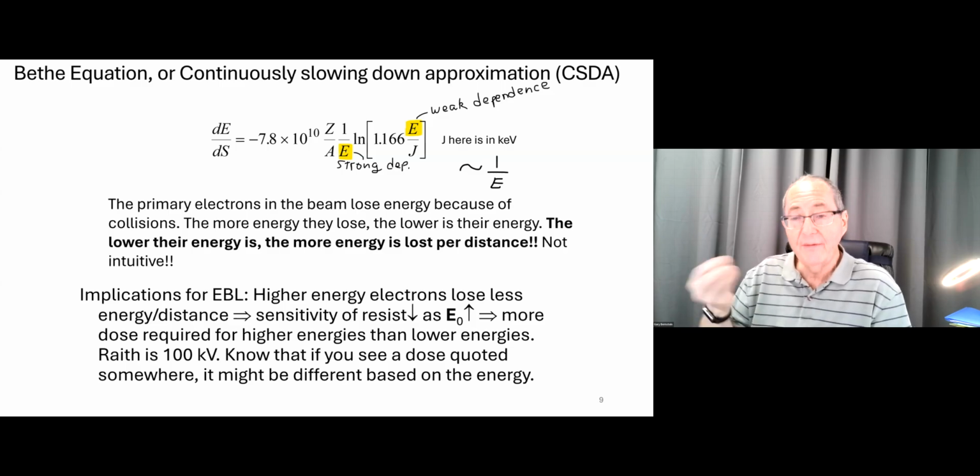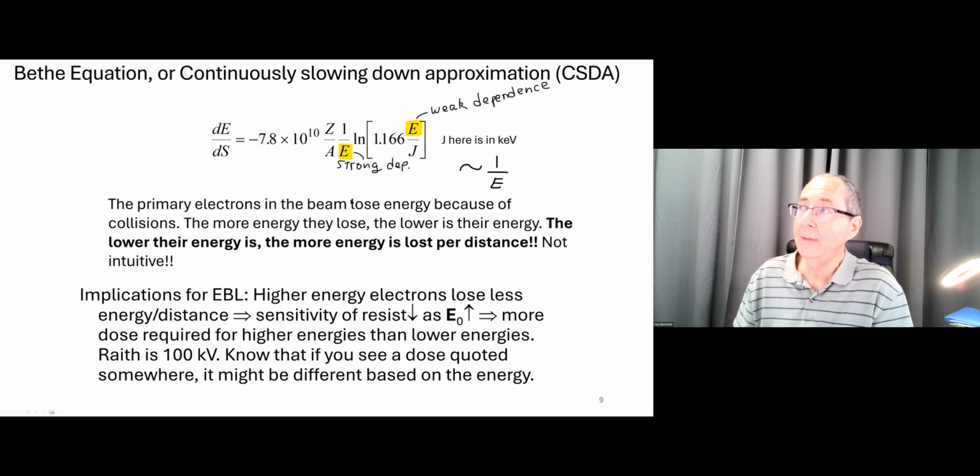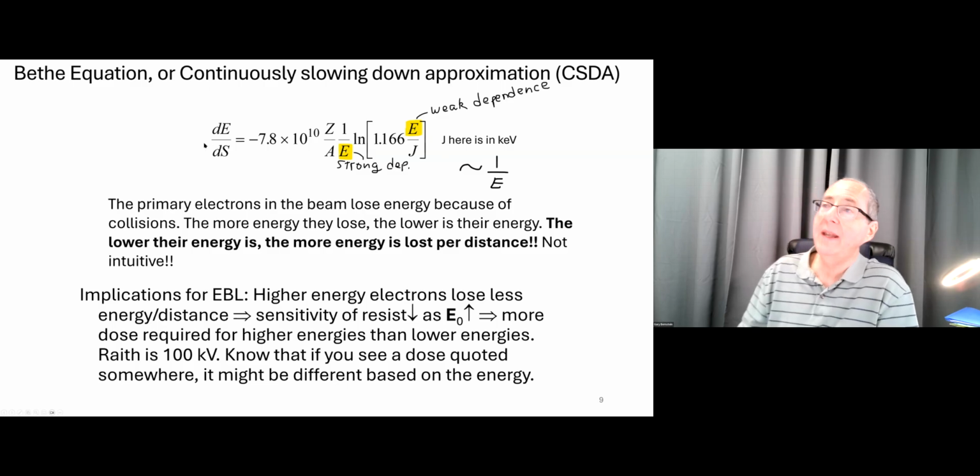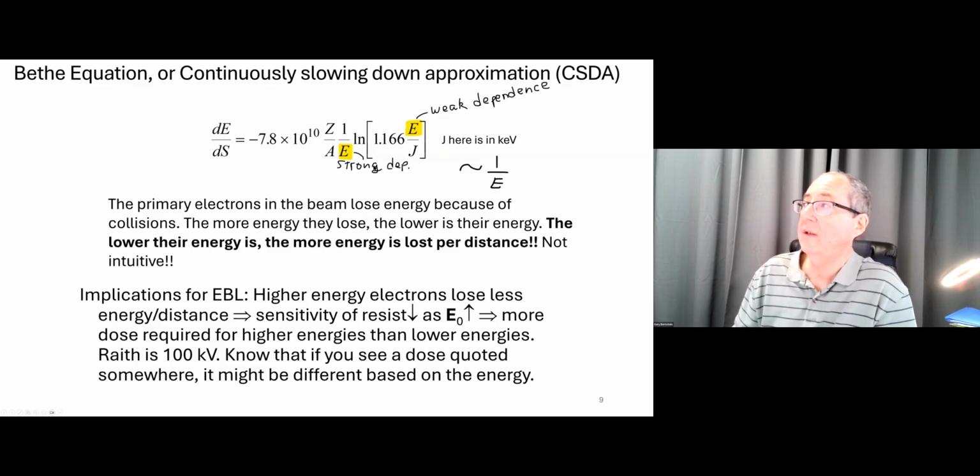And when they eventually do lose energy a little at a time, and they slow down and they have less energy, they are then affected more by the scattering mechanism, and they lose energy at a faster rate the lower the energy that they have. Really important. This affects so many phenomena in electron beam lithography that you really need to know this relationship.